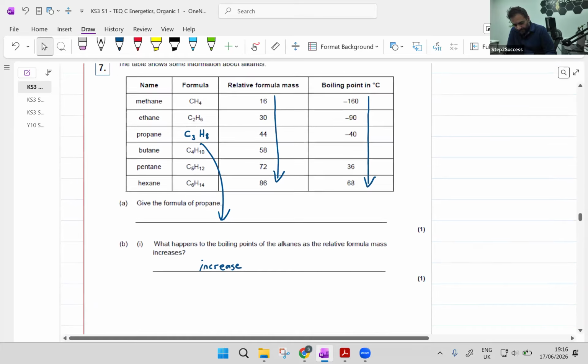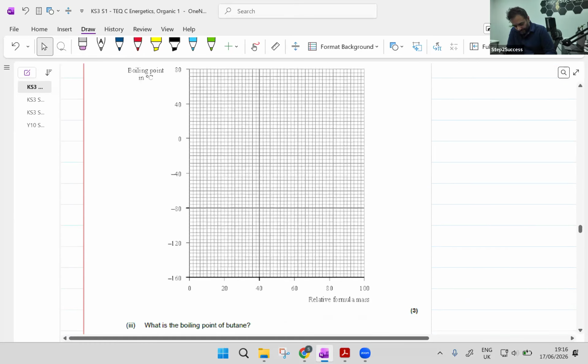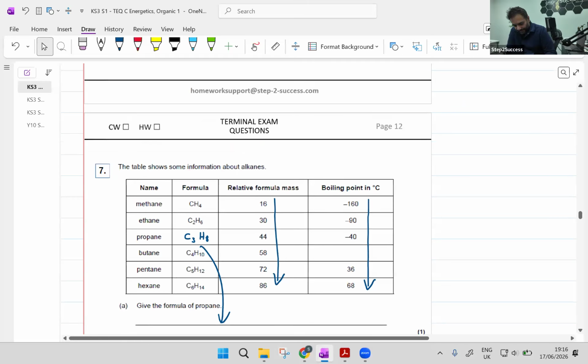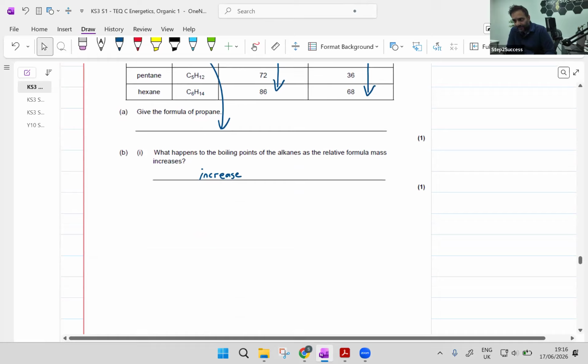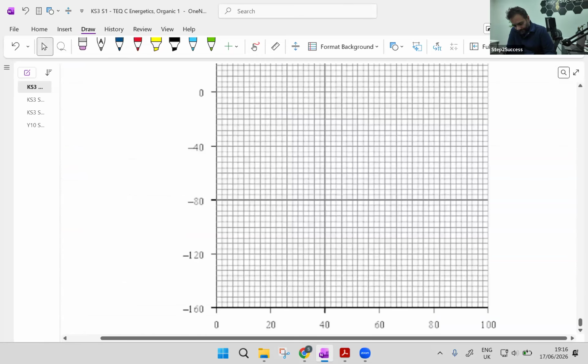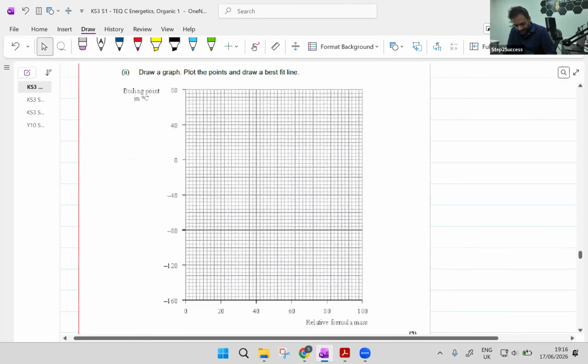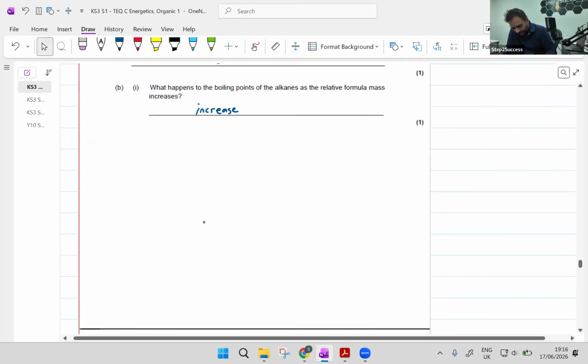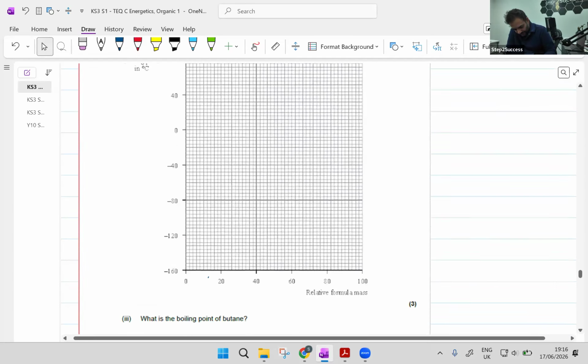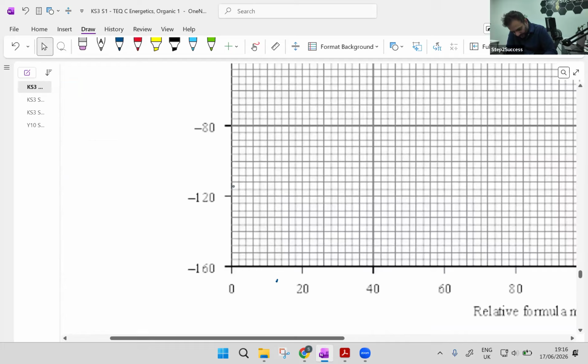Okay, so we've got a graph here for relative formula mass and boiling point. Relative formula mass is 16, boiling point minus 160. Now we need a horizontal scale. I'll do it very roughly. 16 is minus 160. Is it going up by 2, 4, 6, 8, 10, 12, 14?